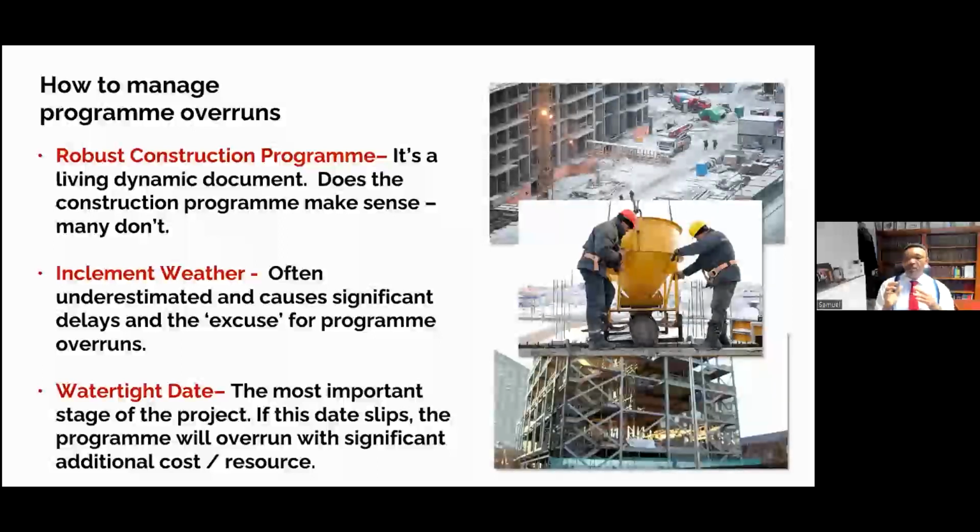In other words, by what date is the roof supposed to be on? Because let's face it, once you can get the envelope of your construction project on, then a lot of activities can happen internally. You may well have to get artificial lighting, but at least you don't have rain, you don't have driving rain, you don't have snow, you don't have excessive wind coming in on the inside.